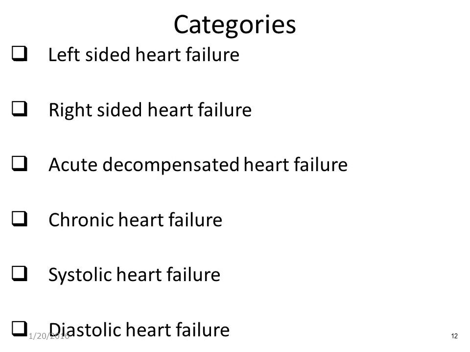There are many different kinds of heart failure. I'm going to run through them on this slide very quickly, and then we're going to take a look at them individually. I'm going to start with the most common type of heart failure, and that is left-sided heart failure. Here's its definition.